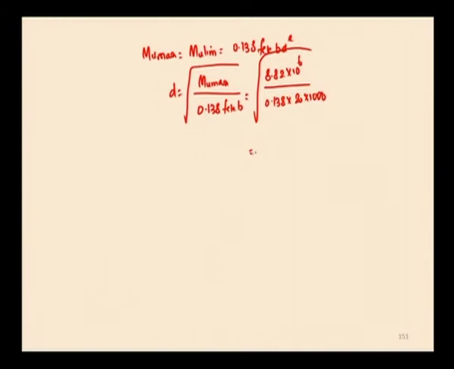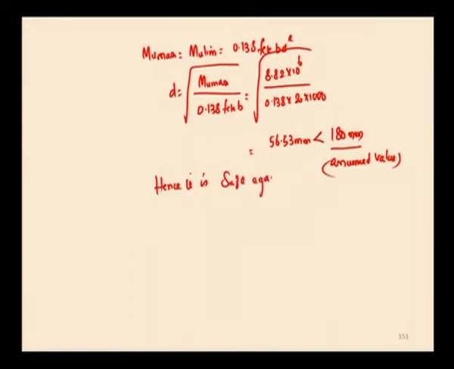That gives d equal to 56.53 millimeter, which is less than 180 millimeter, the assumed value. Hence, it is safe against flexure, that is limit state of collapse.